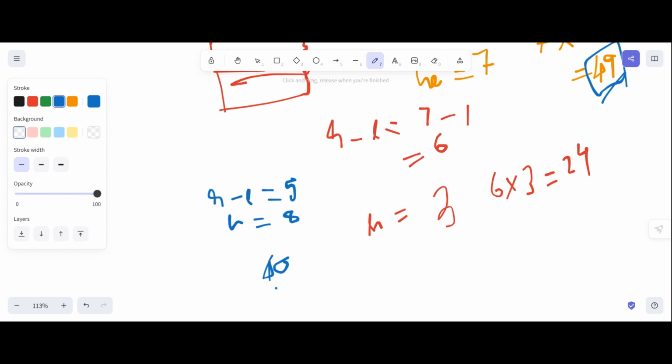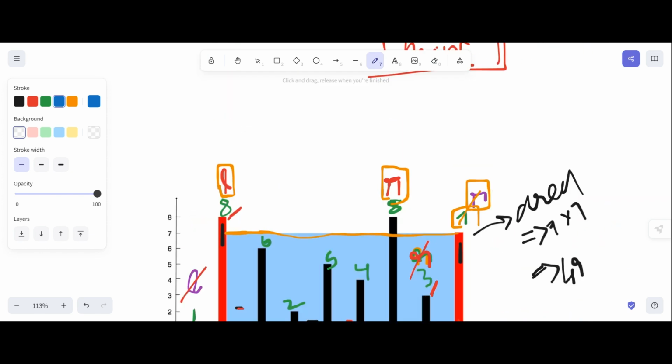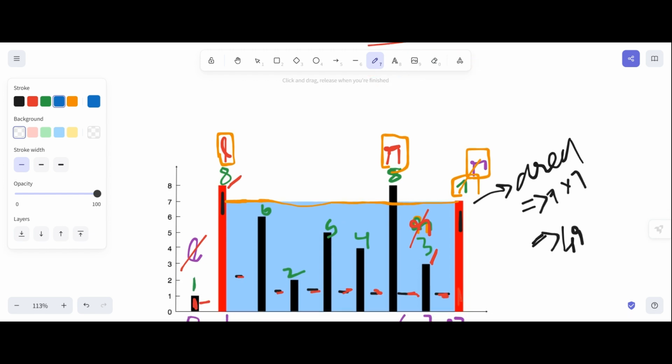Since 40 is not a maximum area, we try to move. You can move either left or right. You can move any one of them, because both of them are the same values. So even if you move the right, it's alright. If you move the left, it's fine.